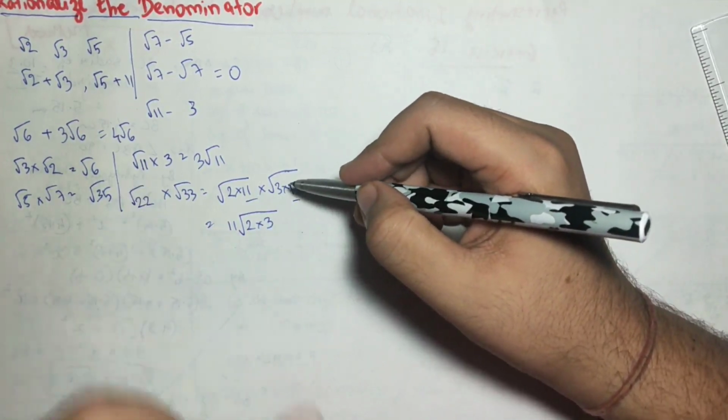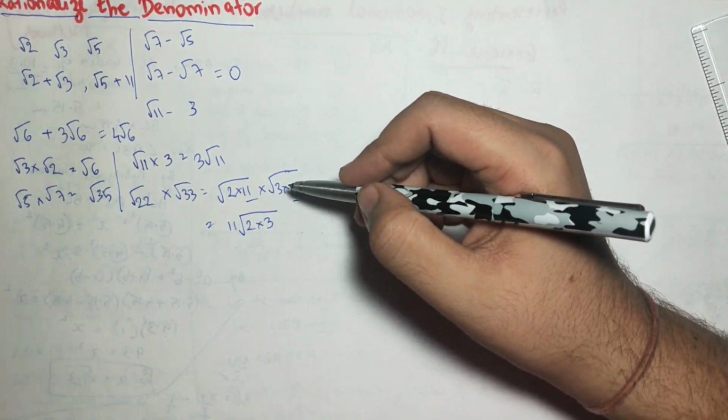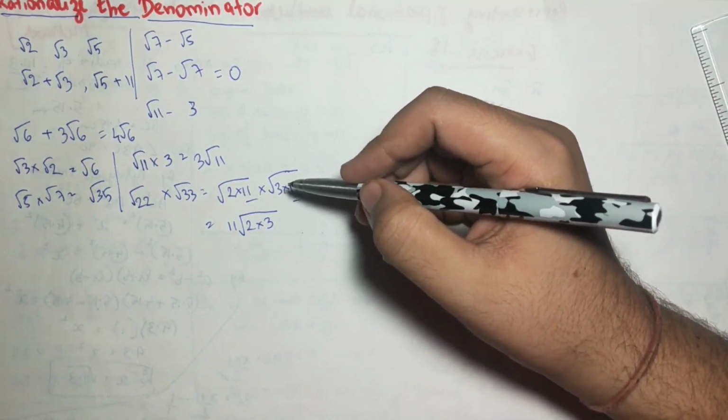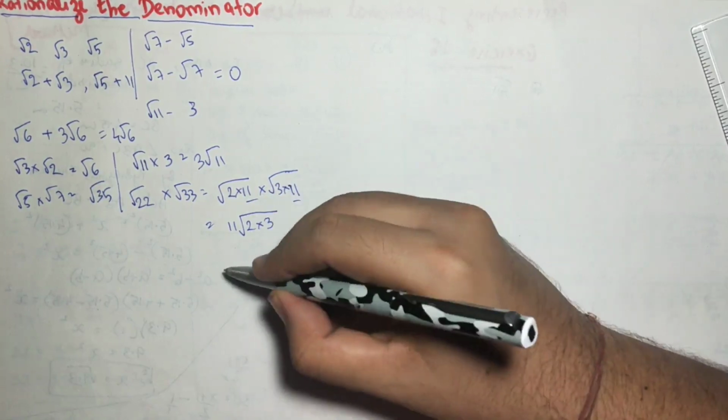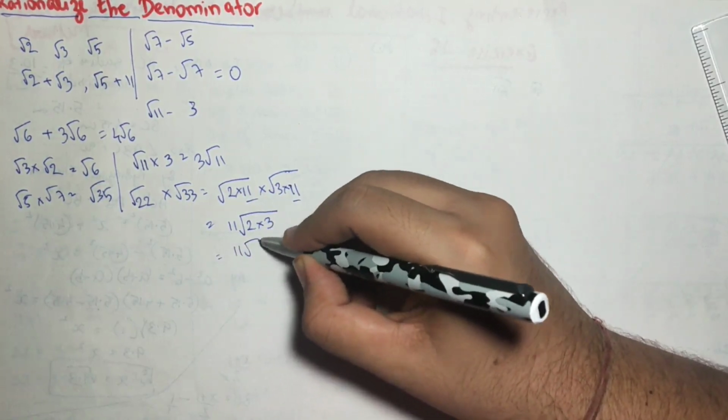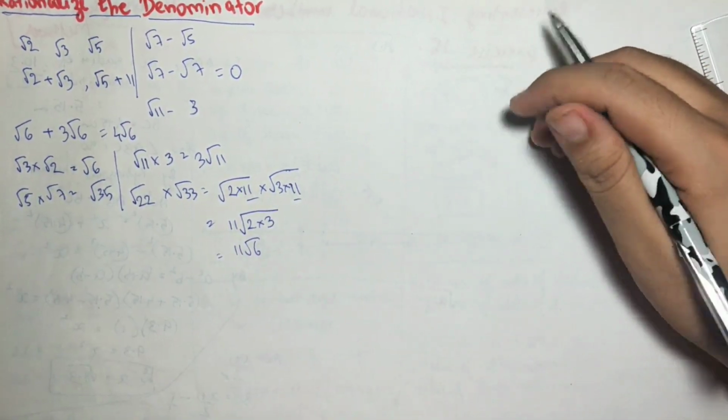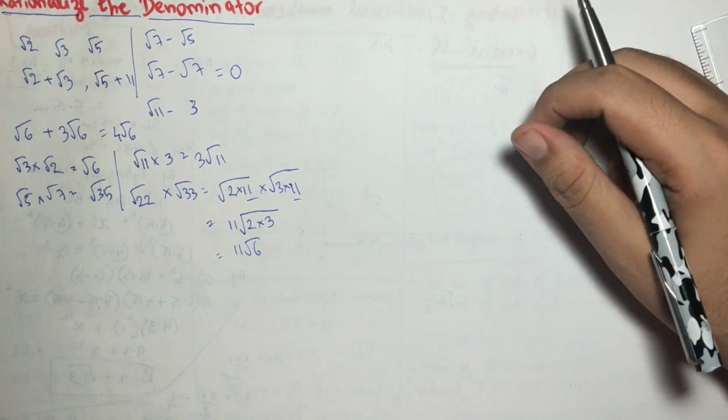So if composite numbers are given to you, first find the prime factorization of the composite number and then multiply, so that your answer becomes easy. So this will be 11 root 6.